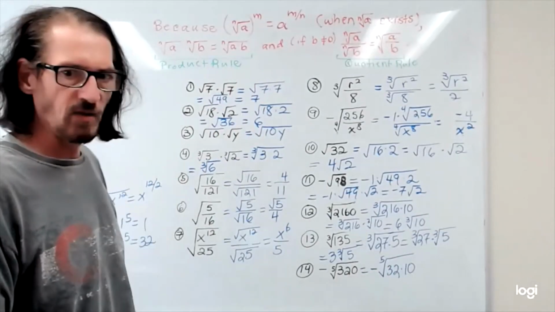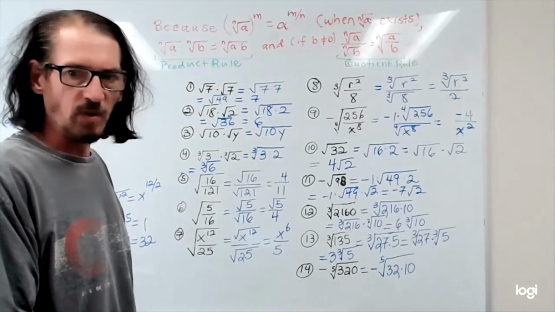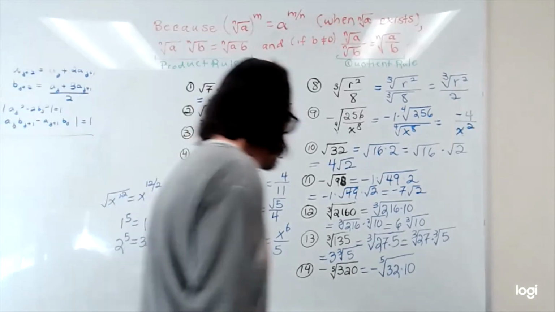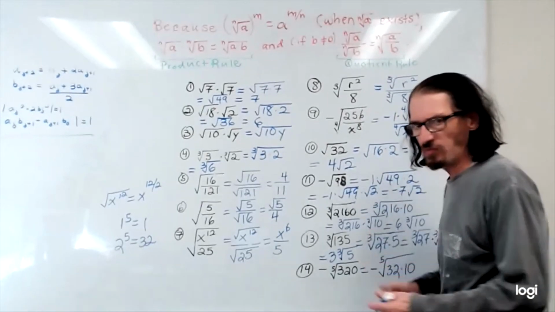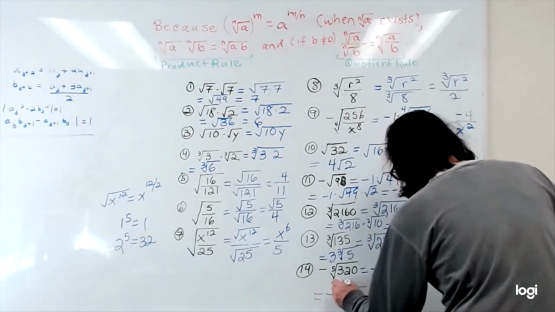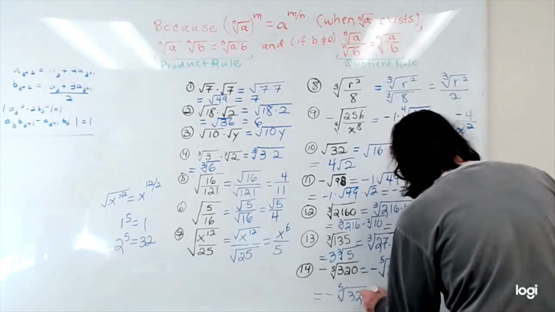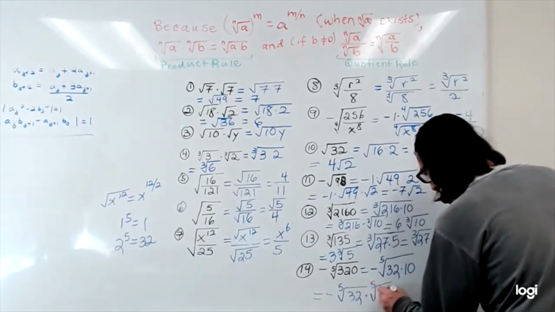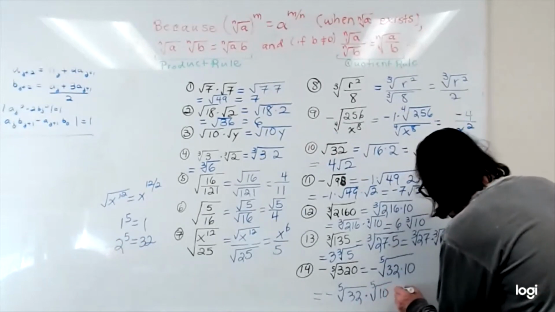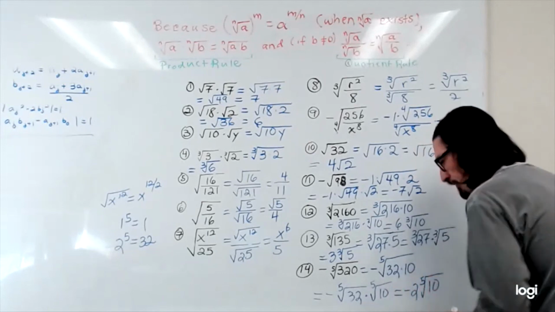And it's also telling us that we've jumped past any perfect fifths that might be factors of 10 besides the 1. A factor of 1 doesn't help us change anything. So I use the product rule to split that up. -1 times the 5th root of 32 times the 5th root of 10. 5th root of 32 is 2. So I've got -2, 5th root of 10.